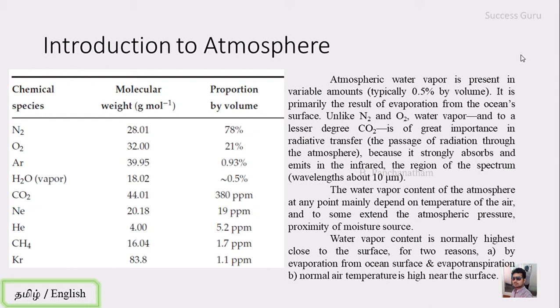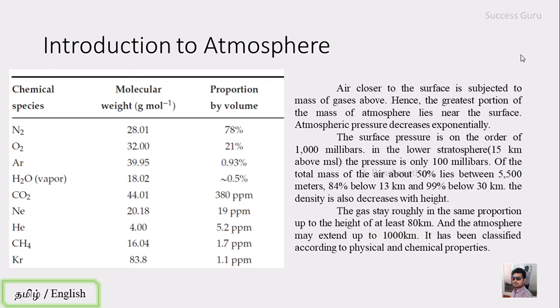The water vapor content is normally highest close to the surface, and the reason behind this is first the evaporation from the ocean surface and evapotranspiration by plants and animals, right? The second reason is that the normal air temperature is high near the surface, and when the temperature is high, the moisture content, that is the water vapor present, will also be high. That is why you can expect a large amount of water vapor near the surface of the Earth.